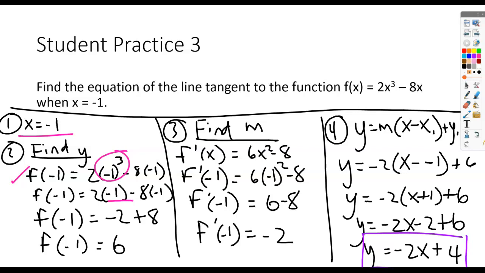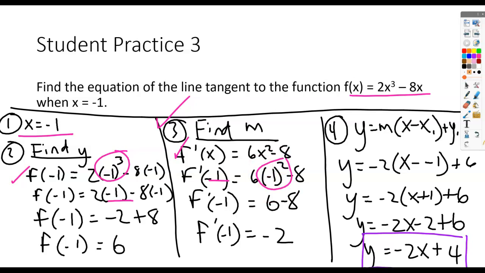Next, we move on to finding the slope. So we find the derivative first of the function given to us. The derivative is 6x squared minus 8. Next, you're going to plug in negative 1 for the x value to find the slope. You plug it into the derivative this time. So powers first.